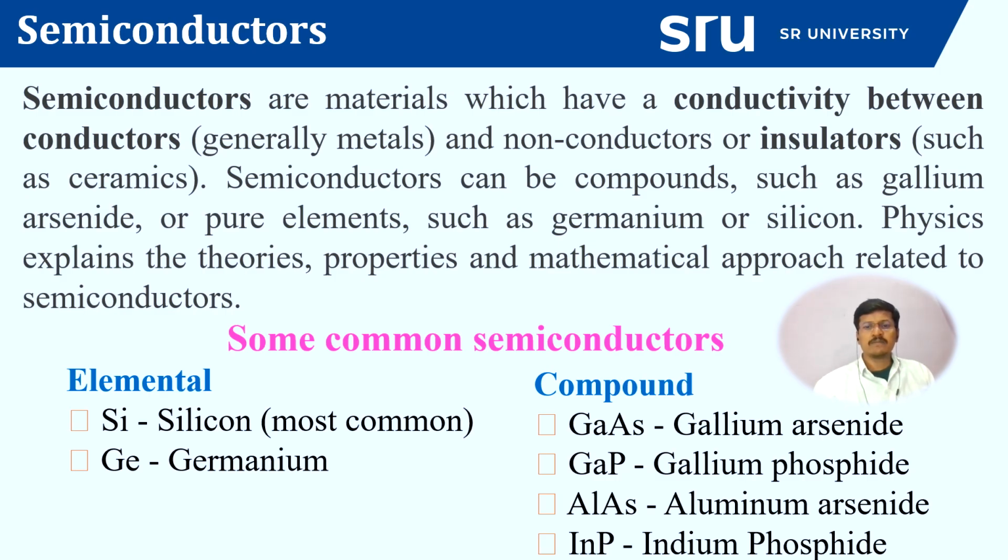Examples you can see are gallium arsenide, gallium phosphide, aluminum arsenide, and indium phosphide, and there are many examples like aluminum phosphide and so on. It is not limited to these given examples.